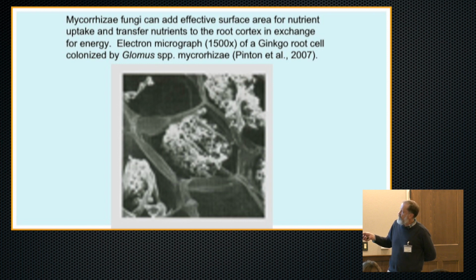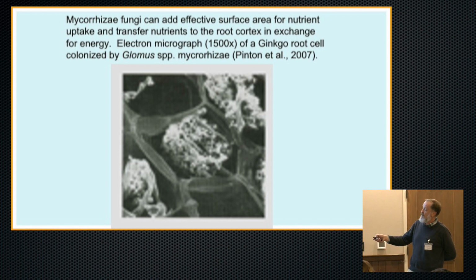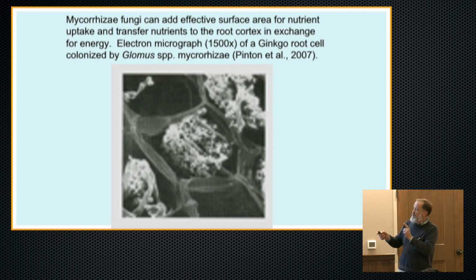It has hyphae that will go out into the soil, so it will bring in nutrients right to the root. It has a symbiotic relationship with the plants, and will release nutrients to the plant, and the plant in turn gives it energy, because the plant has the leaves up in the sun to collect energy, which the fungi can't get. So they're helping each other out.